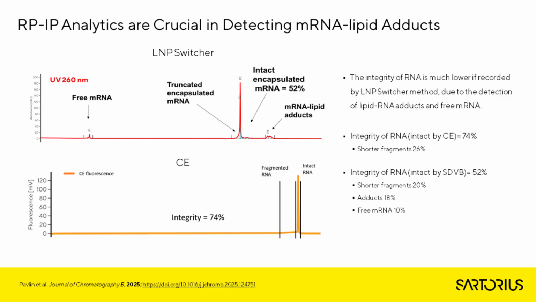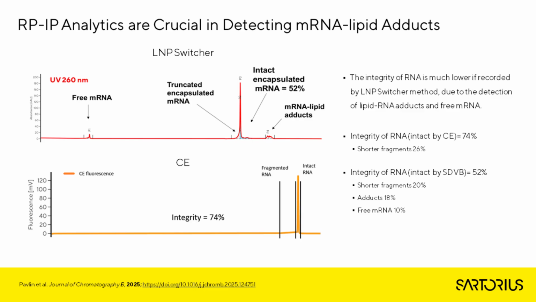And capillary electrophoresis is also not capable of detecting mRNA lipid adducts because the lipid bound on the mRNA molecule does not change the size of the mRNA so much that capillary electrophoresis is capable of separating it from intact mRNA. These problems of capillary electrophoresis usually result in overestimation of the intact mRNA present in the LNPs.